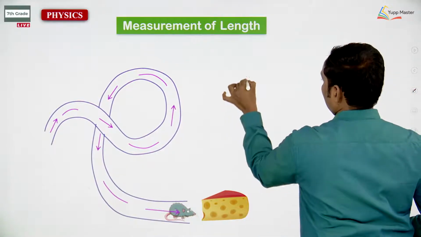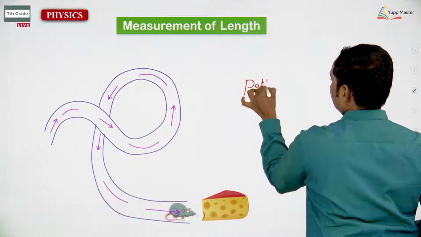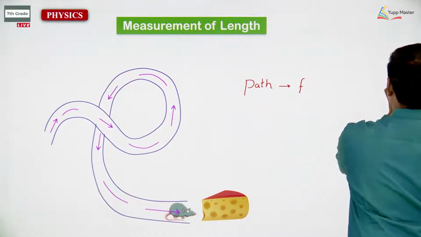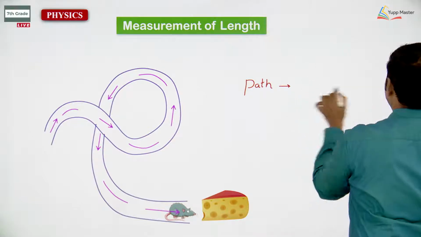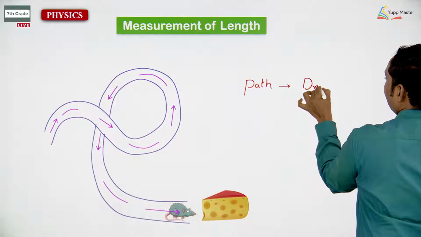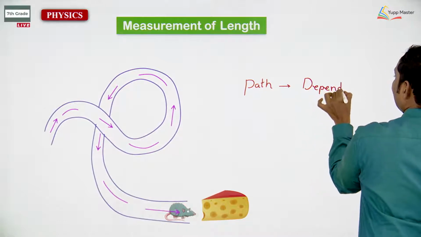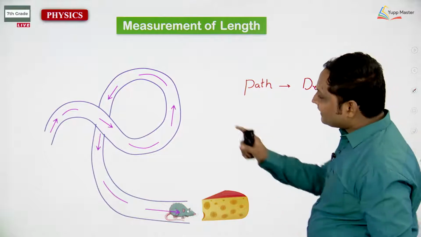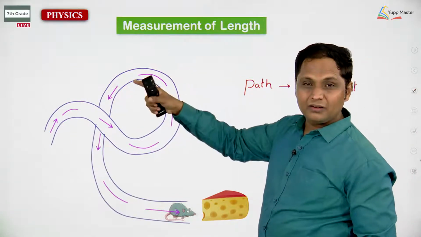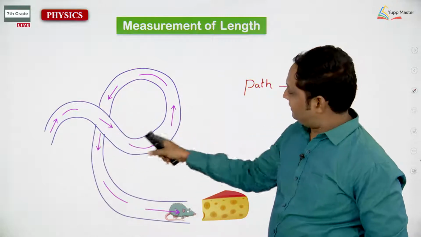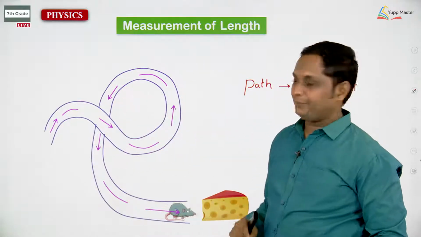So we are going to take the path followed, which is path dependent, directed to move in a given path. It's very clear.